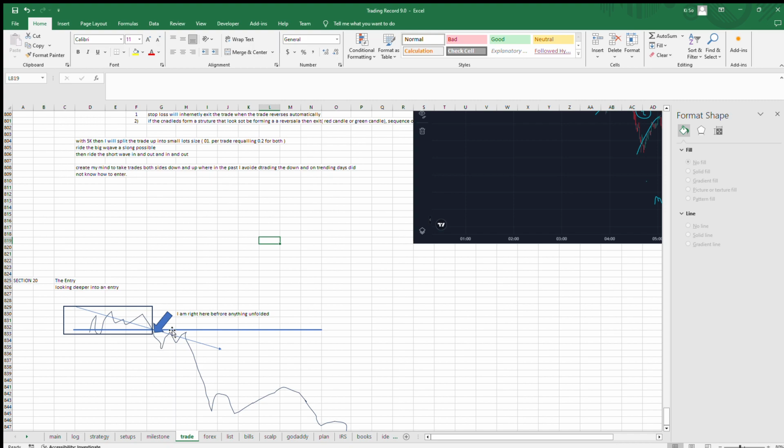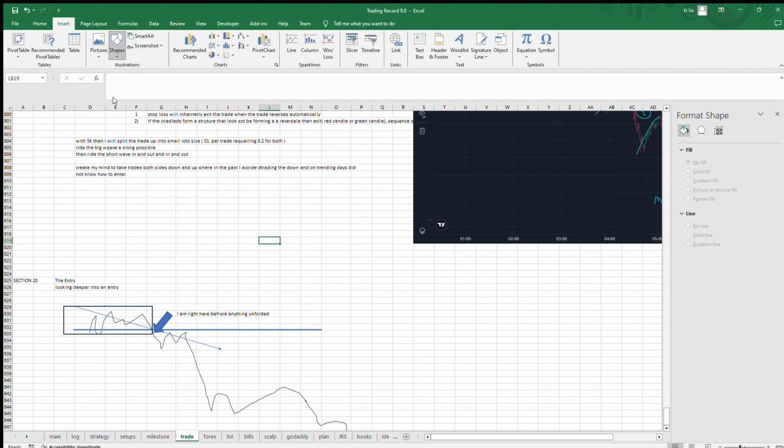If it breaks out, then I need to put something here that allows me to absorb the bounce back. Sometimes it'll dip and then just climb back up like that. I've seen it before.